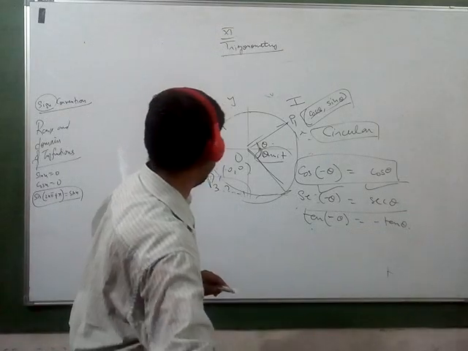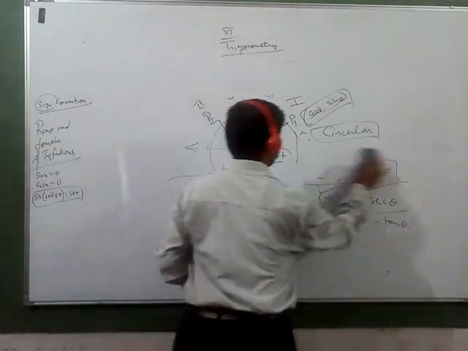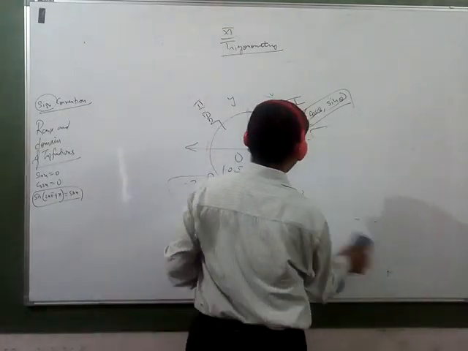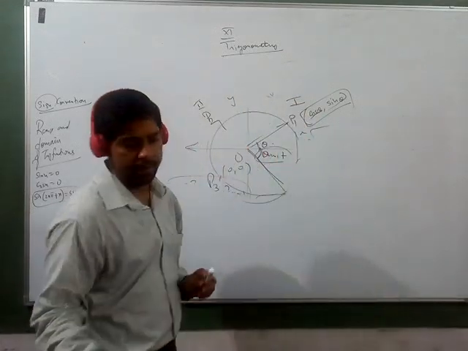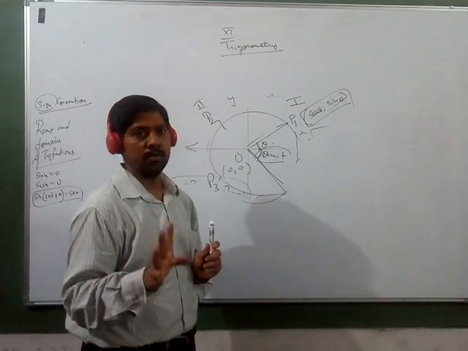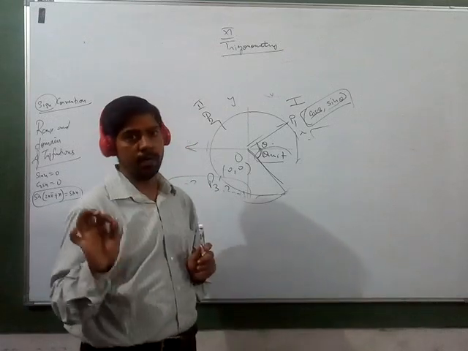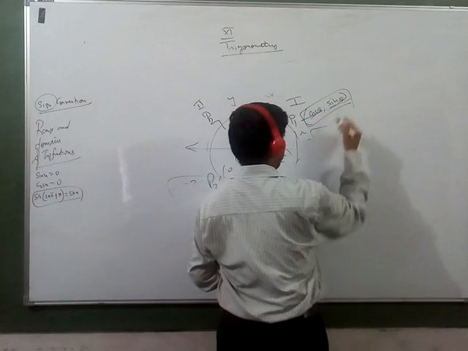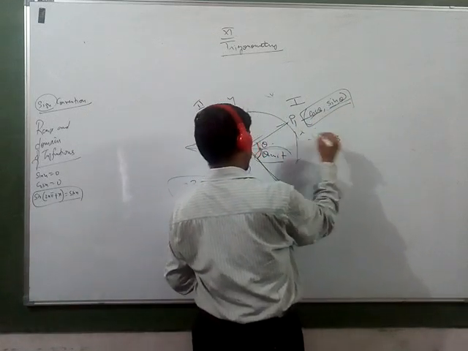Now there are many more identities related to them. We will have to look at the domain and range. In this video I am talking about the domain. Domain means the values theta can take for a particular function. So let us look at the cosine function.